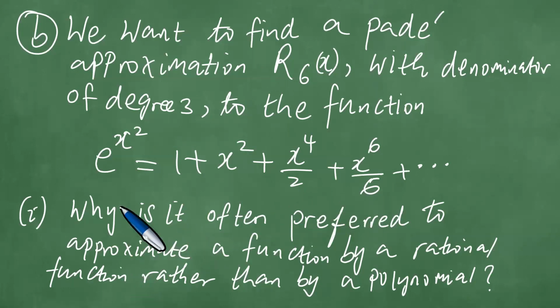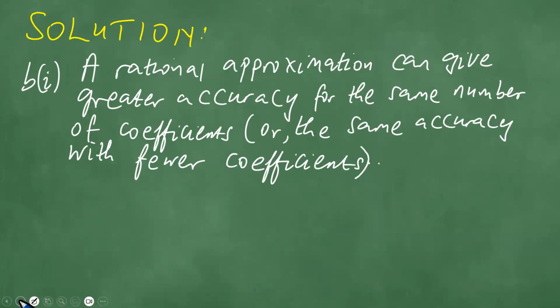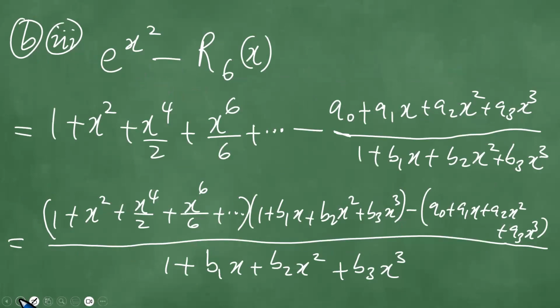Okay, so it's e to the x squared minus R6 of x, like this. And then we are able to proceed from here. But what do we achieve from this?